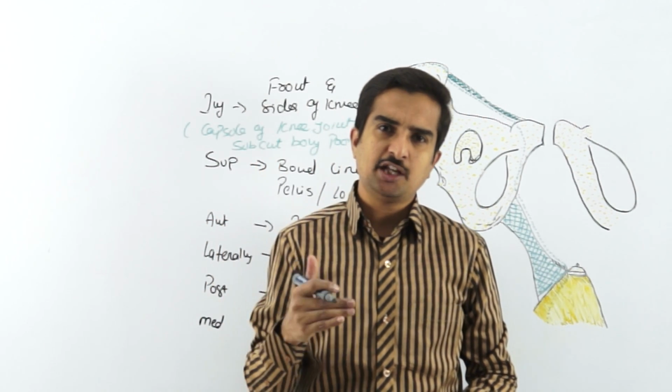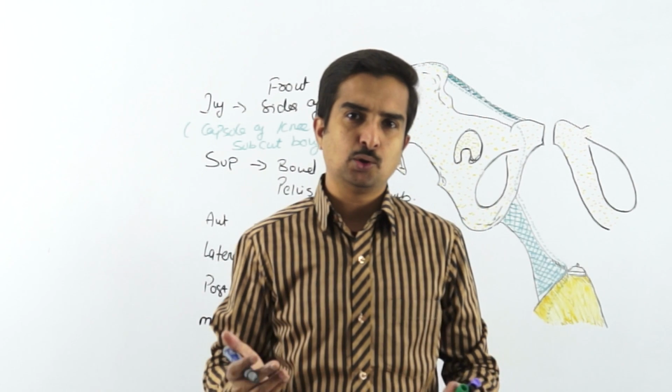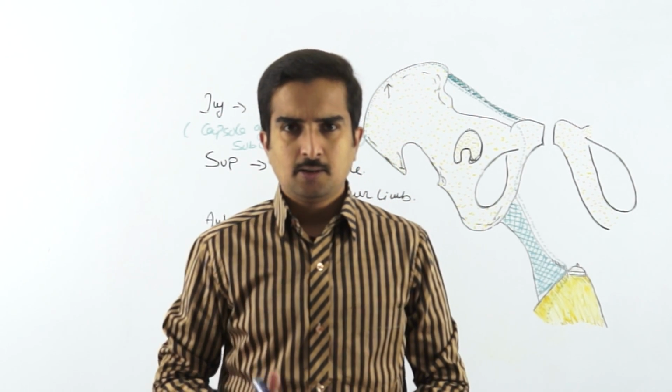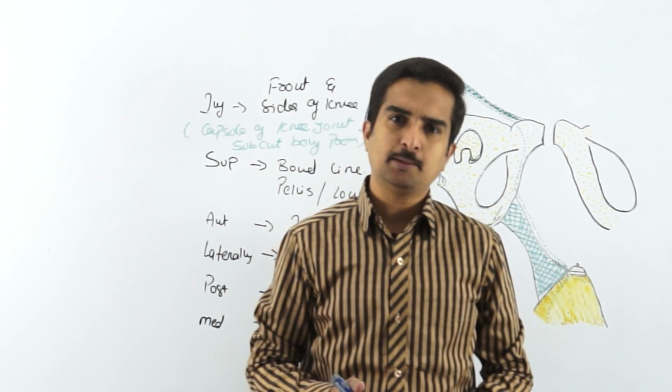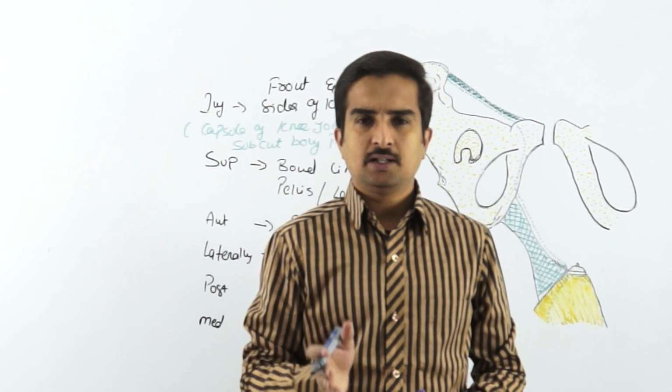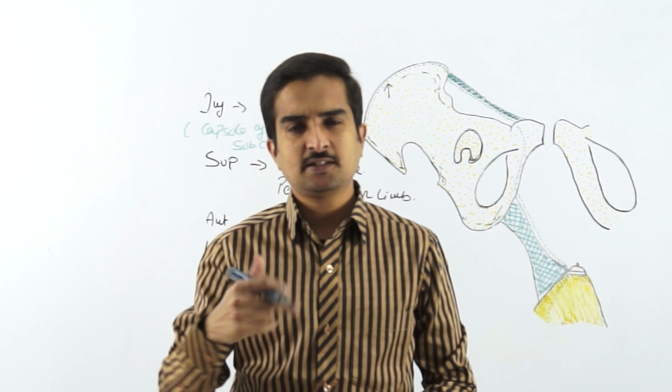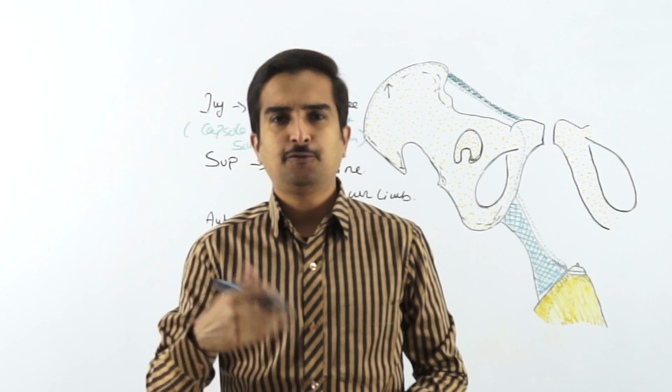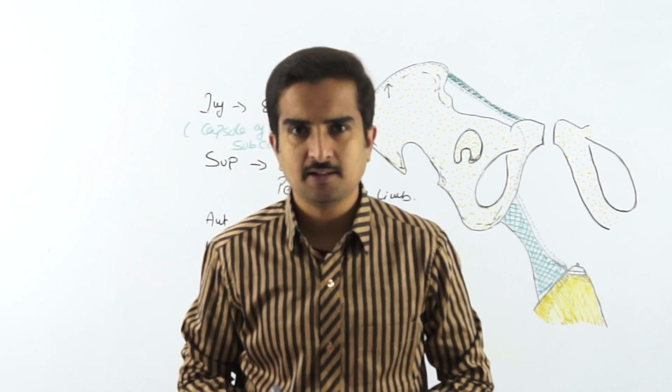And at the same knee joint posteriorly, you have the popliteal fossa. Popliteal fossa is covered by the popliteal fascia. So by the time the same fascia lata reaches the popliteal fossa, it forms the strong popliteal fascia.